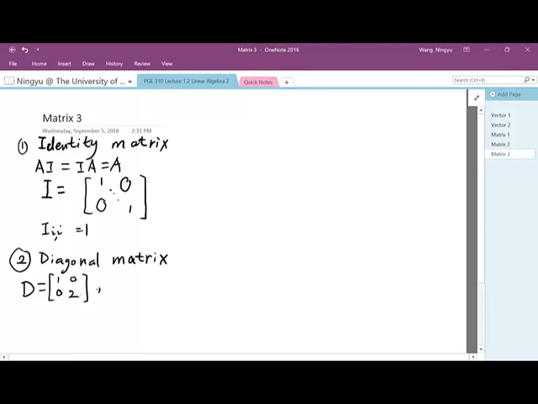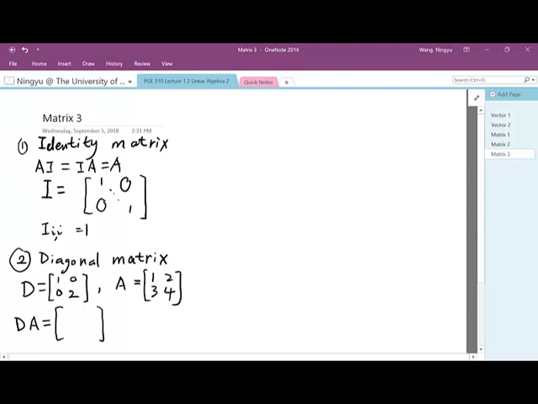Let's test this with some matrix, let's say 1, 2, 3, 4. And see what it does if we multiply this diagonal matrix to whatever matrix. What is dA? So the first element in dA is first row multiplied by first column.